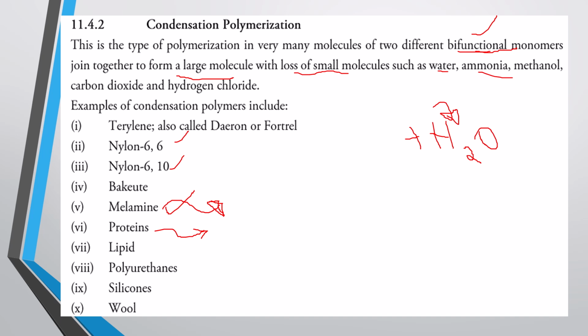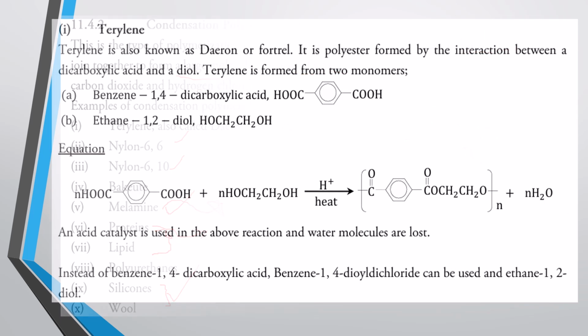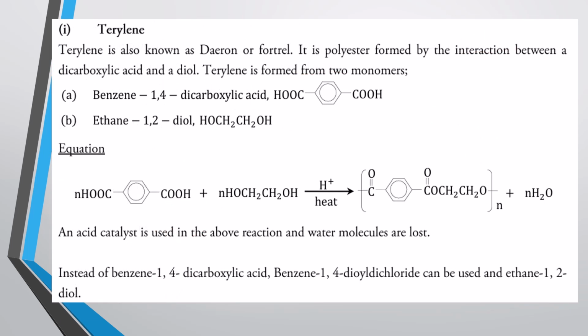Now, mainly biology students, you know very well that the majority of the biological components, lipids, carbohydrates, combine through condensation reactions, leading to loss of water molecules. We can also look at the silicones together with wool.